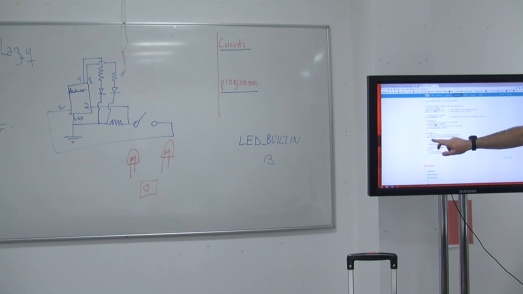And in the loop, we have this. We read from the button pin, so we read from pin 2. If it's high, that means the button is pressed, because there is a current going through. If it's high, write on the LED pin high. If it's else, that means it's going to be low, write on the LED pin low.